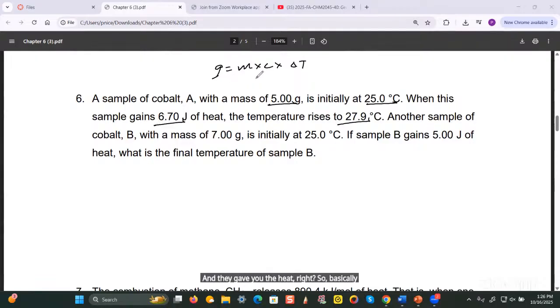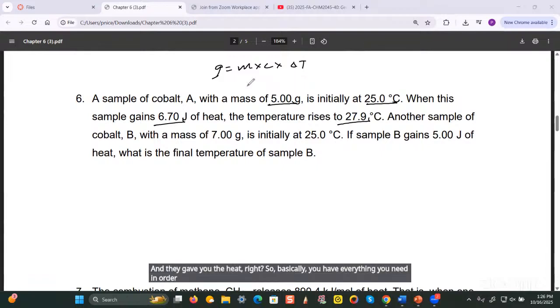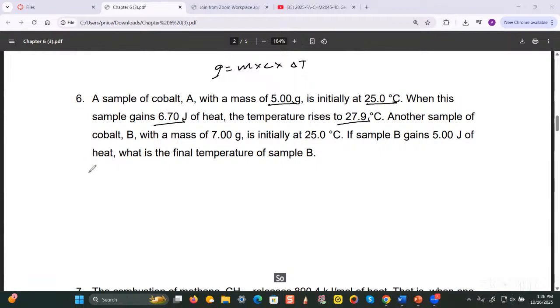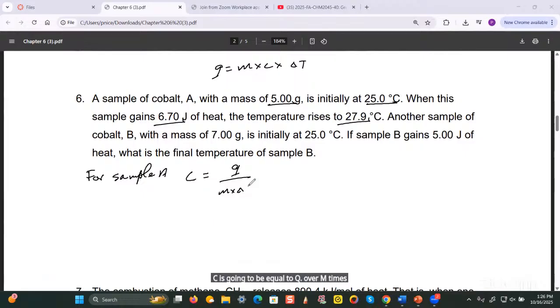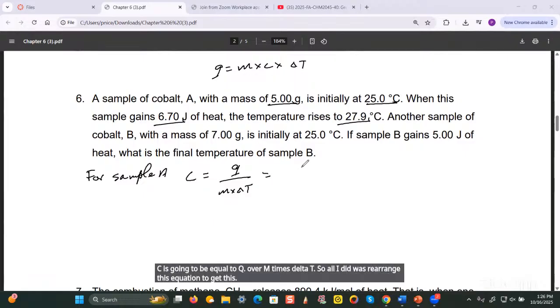So basically you have everything you need in order to calculate C. So let me just write down here for sample A. C is going to be equal to Q over M times delta T. All I did was rearrange this equation to get this, and then I'm going to put the numbers in.